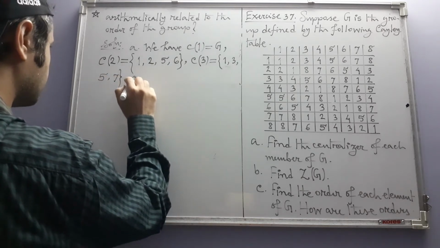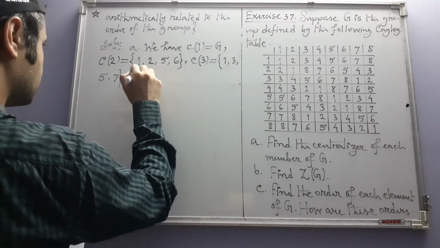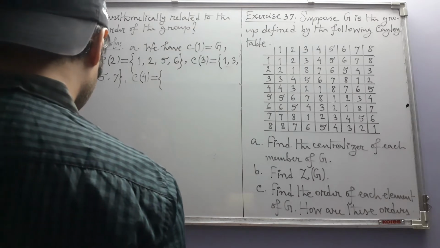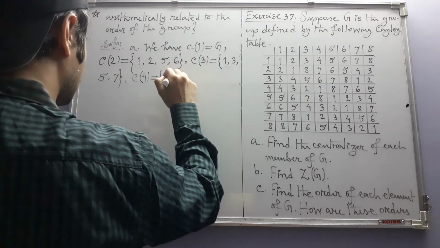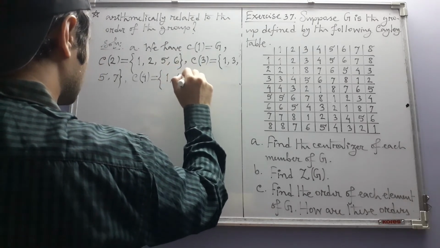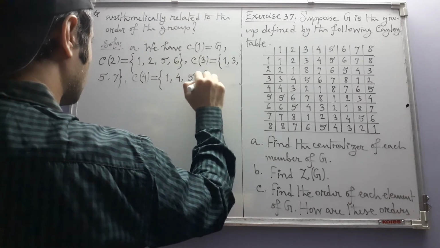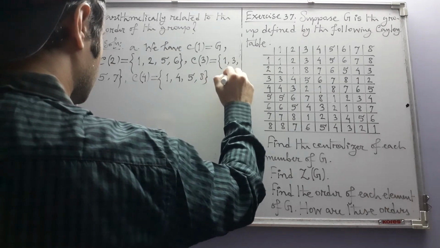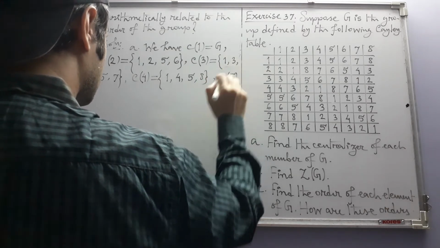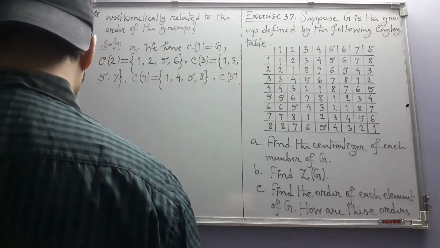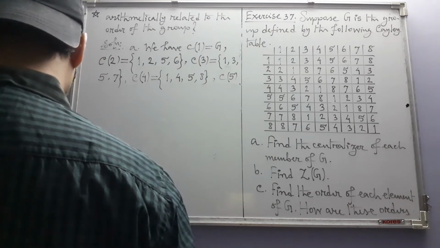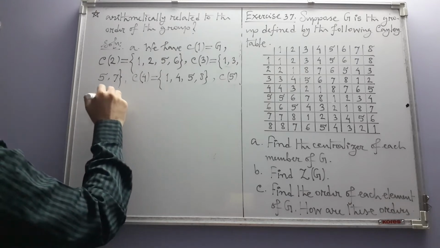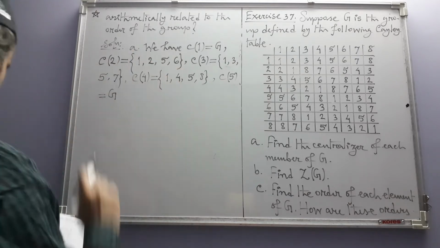C of 4 is 1, 4, 5, 8. C of 5 turns out to be again G, just like 1.